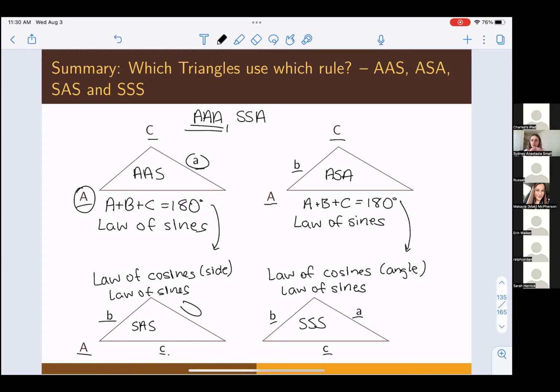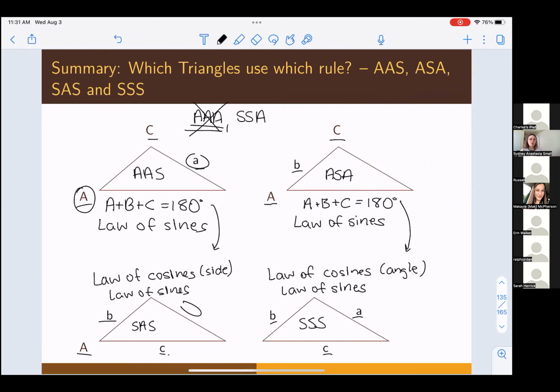It could be itty bitty, or you could blow it up to be much larger. Here's some triangle, its angles are fixed. I could blow it up to be any size I wanted. It still has the same angle measures, but the lengths of the sides are changing. So there is no way to ever solve an angle, angle, angle triangle. So we'll never have to worry about those.